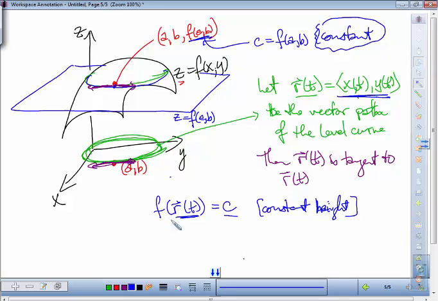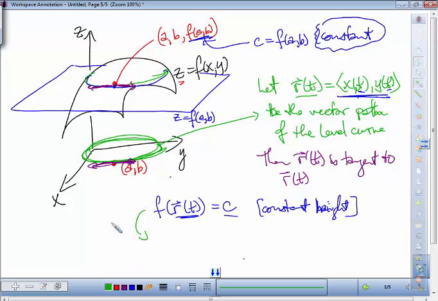Okay, so this left-hand side eventually is a function of t. So it's a composition, it's f, which is a function of x and y, but x and y are each functions of t by this parameterization that we came up with. So eventually this is a function of t. So when I want to take the derivative of this, I want to think about this as a straight derivative. I want to take the d dt of it.